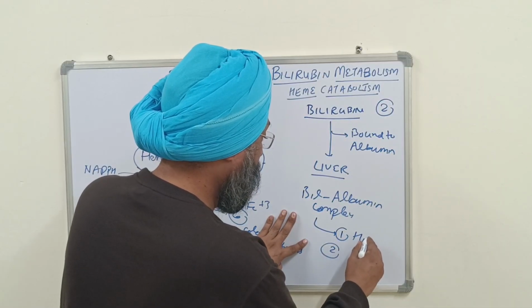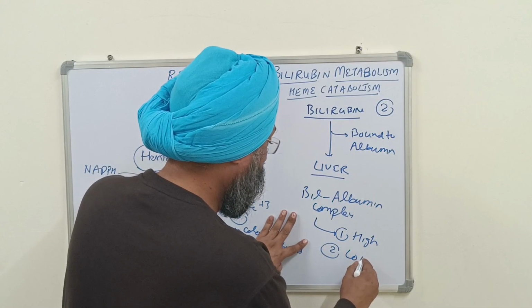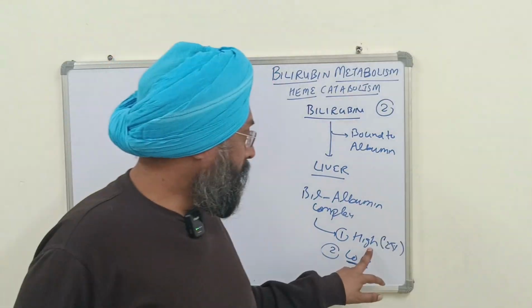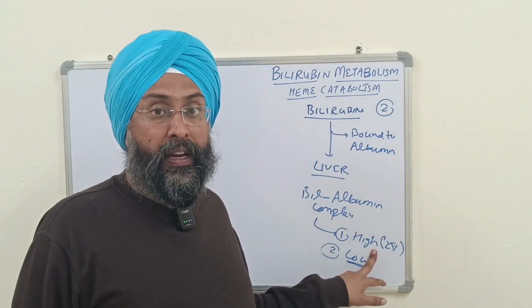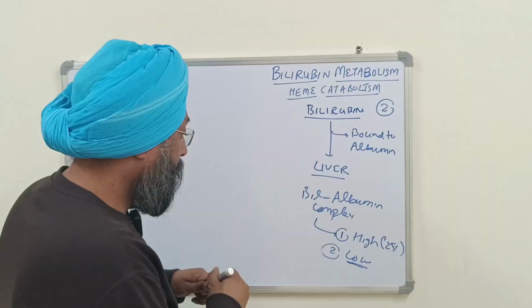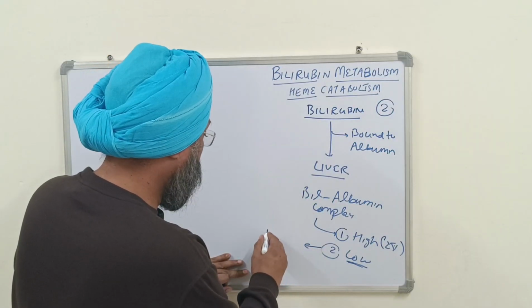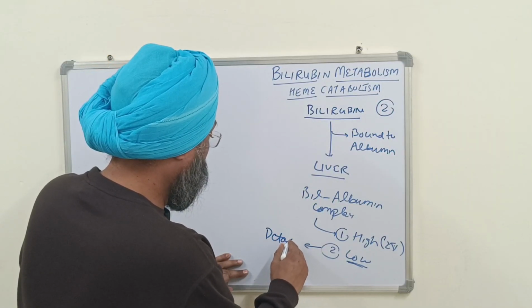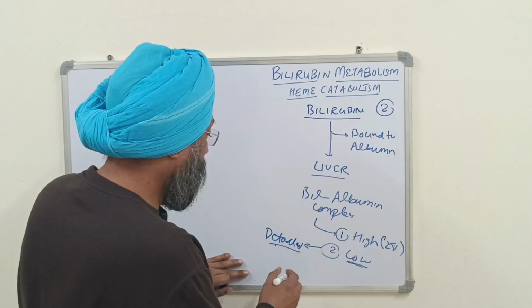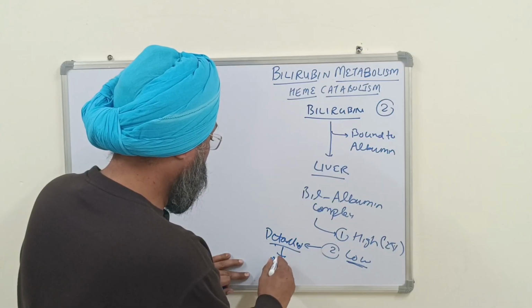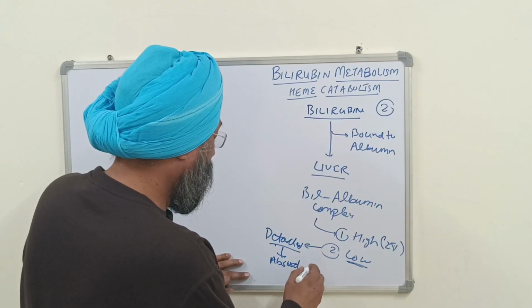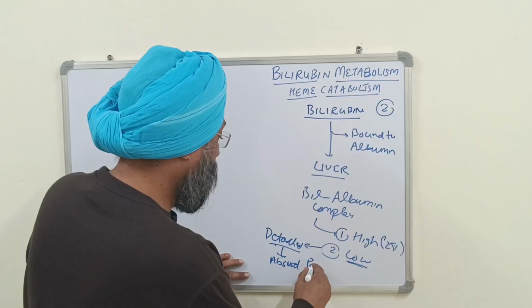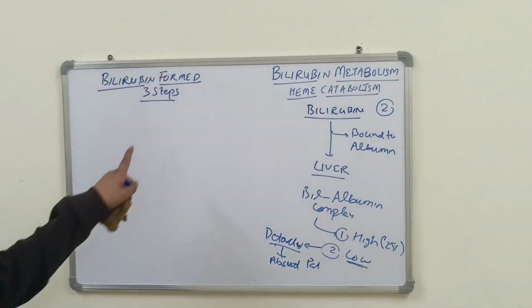One is high affinity and the second is low affinity. The 25 milligram is bound by high affinity, and the low affinity binding can get easily detached and bilirubin can be absorbed by tissues in various pathological conditions.